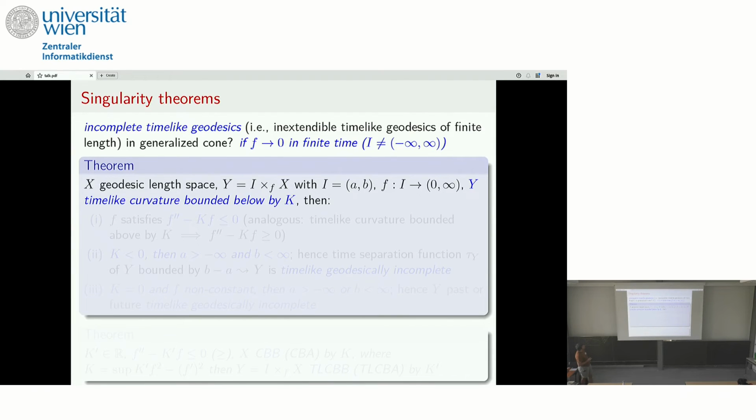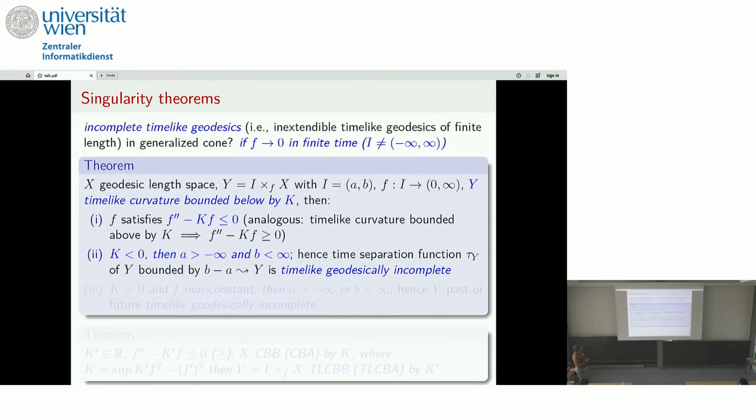So if you have a generalized cone Y, where the interval is (A, B), and it has time-like curvature bounded below by k in the triangle comparison sense, then f is actually k-concave. Similarly, if it has time-like curvature bounded above, then it's k-convex. And if k is negative, then actually A is finite and B is finite. Hence, the time separation function is bounded by B minus A, so it's time-like geodesically incomplete to the future and to the past.